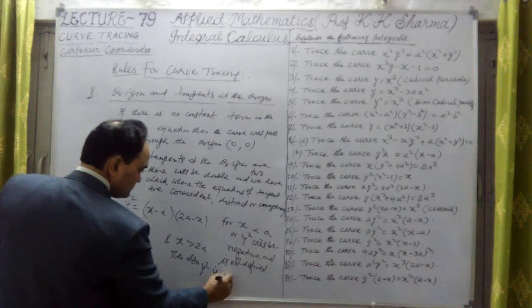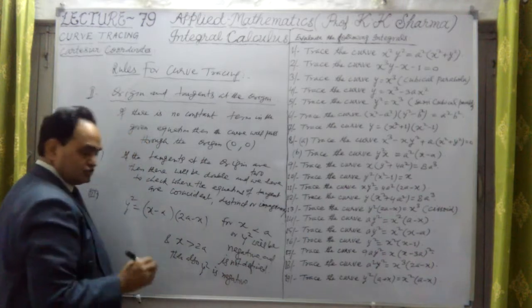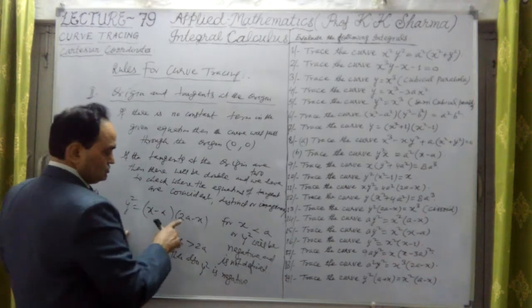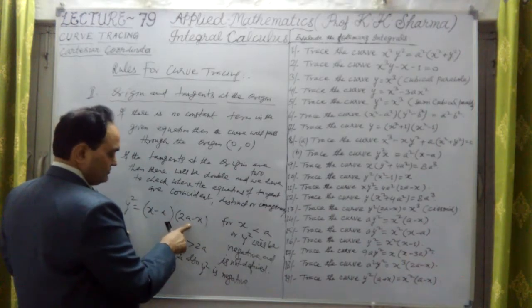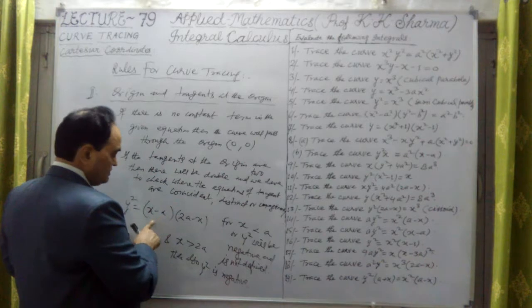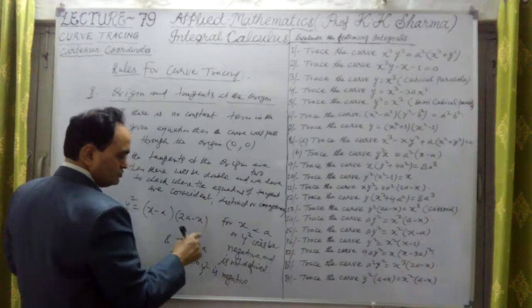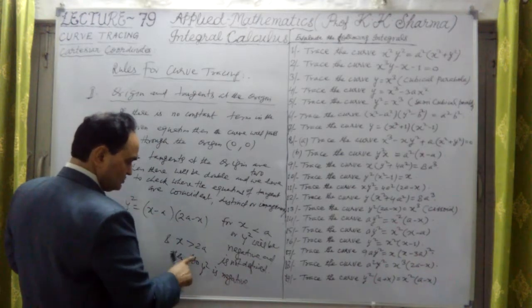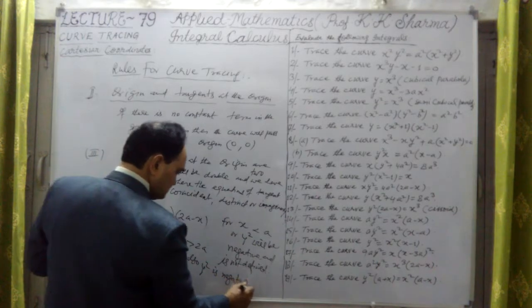So this is a range here, 2a, greater than 2a, the value of x is greater than 2a in this case, and in this case the value of x is less than a. So within this period a, 2a, or more than 2a, this value is not defined. It is negative.